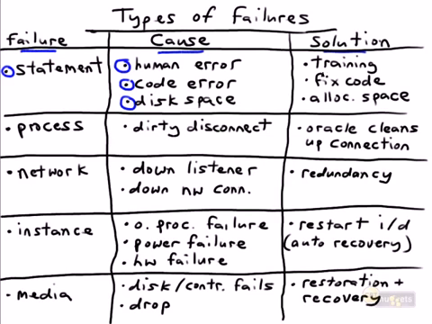The general solutions to the problem of statement failure include training. Now, this is going to be training on a couple of fronts. It's going to be training the end users so they're fully familiar with the line of business application that reads and writes to and from Oracle. Also training your own development staff. Some shops have a clear partition between the system admins and the developers. In some small shops, you might have both of these roles on your desk.